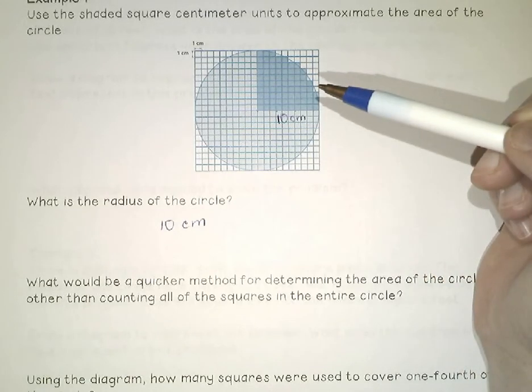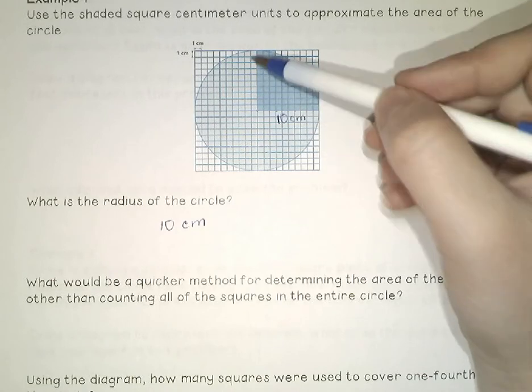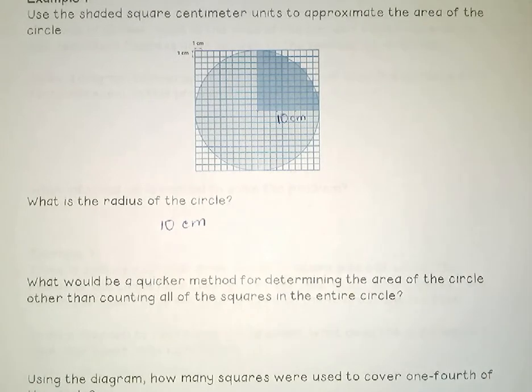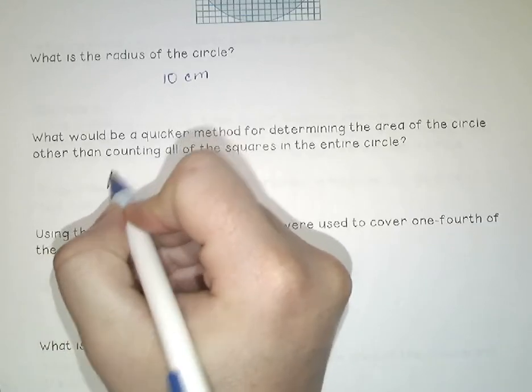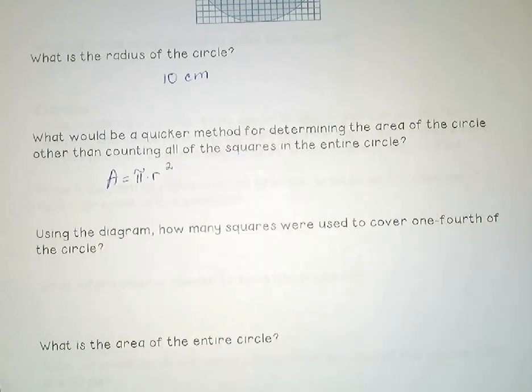And most of us, I would say, would get confused at some point. I would get lost in counting all of them. That's why we are going to use the formula for the area of the circle, which is pi multiplied by radius squared.